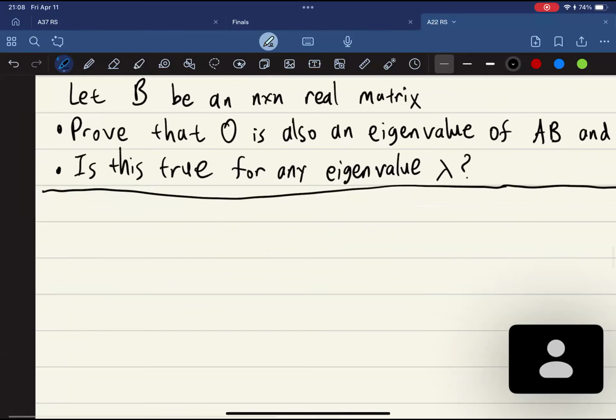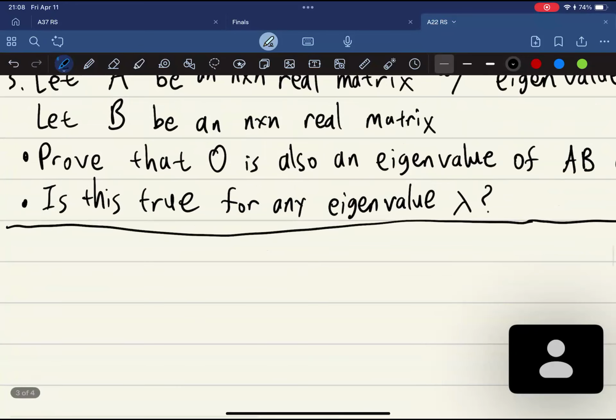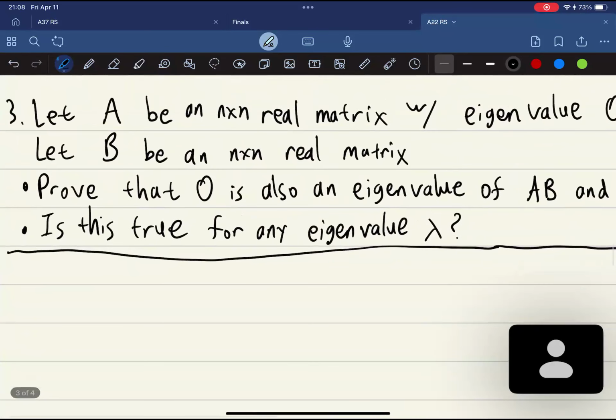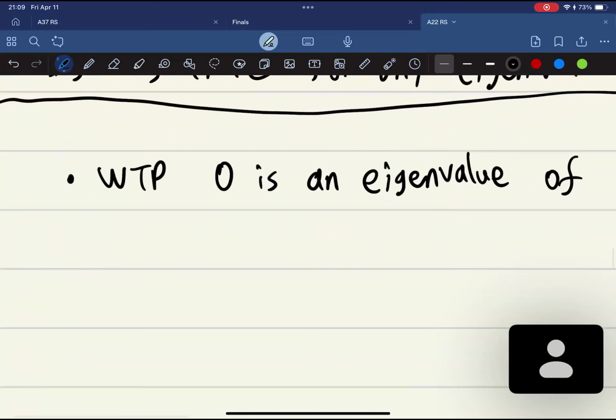Great, so I'll do the easier part first. We want to prove that 0 is an eigenvalue of BA.